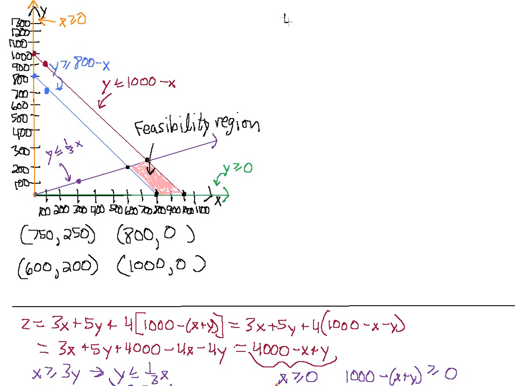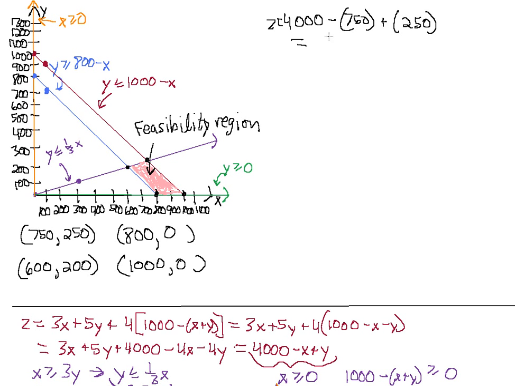We have the optimization equation, 4,000 minus x plus y. So we have minus x is 750 plus y, which is 250. Okay, this is going to be z equals 4,000 minus 750 plus 250.